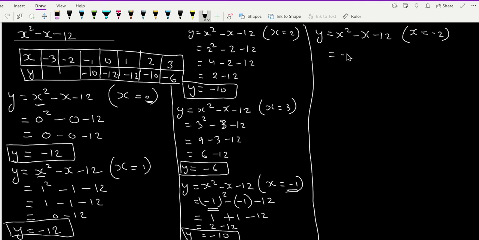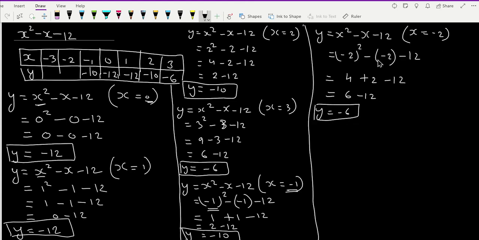I will substitute (minus 2) square, keeping it in bracket, minus (minus 2) minus 12. Here (minus 2) square is nothing but 4, minus into minus, plus 2. So 4 plus 2, 6 minus 12. So y is equal to minus 6 for the value of x is equal to minus 2. So I will get here minus 6.